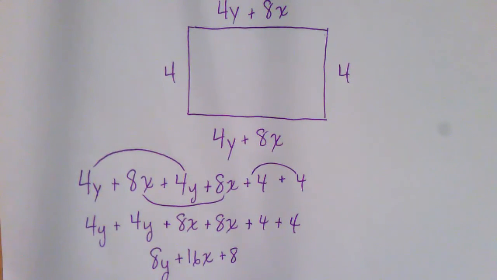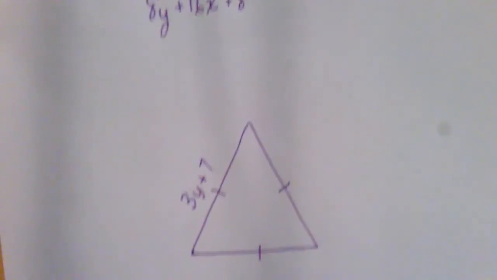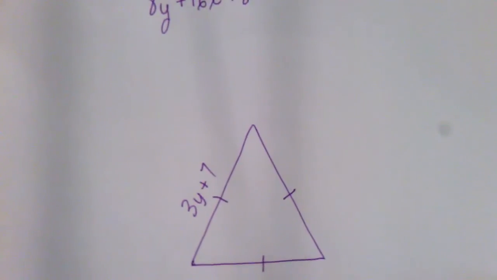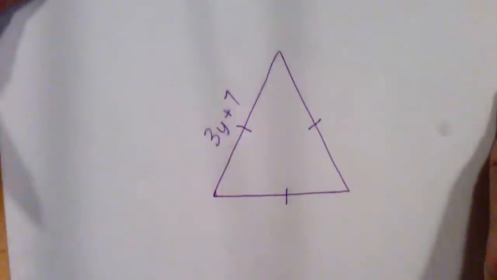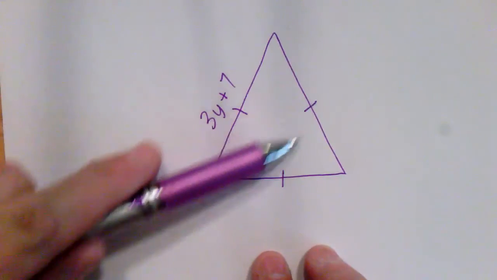Okay, one other thing I want to show you real quick is an example of a triangle down here at the bottom. A triangle has 3 different sides, and just like the rectangle, if we wanted to find the perimeter, we just add all the sides together. In this case, you notice just one side has a number with it, but it's got these marks.